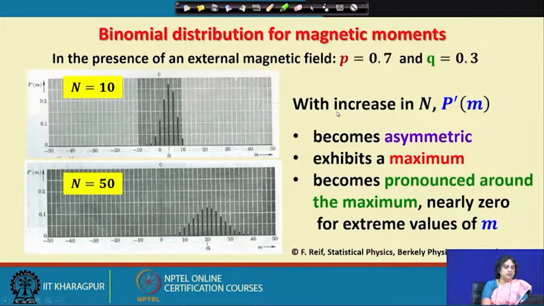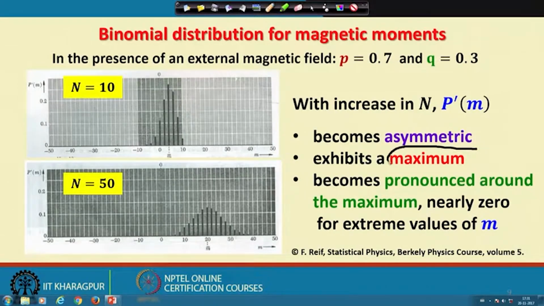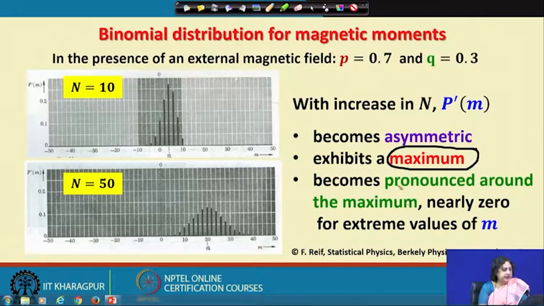What I find here is that with increase in N, the asymmetric nature is observed for the case where P is not equal to Q. The distribution still exhibits a maximum, and as I go on increasing N, the non-zero population is pronounced only around the maximum.